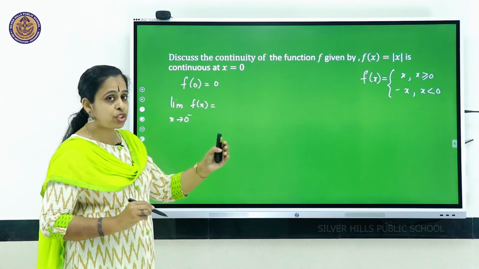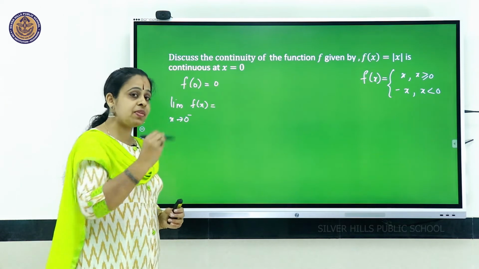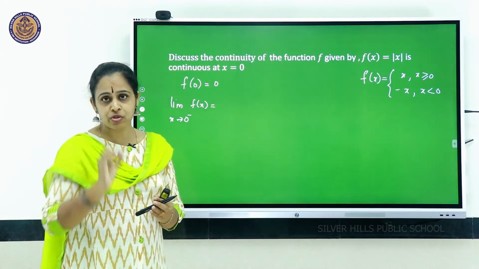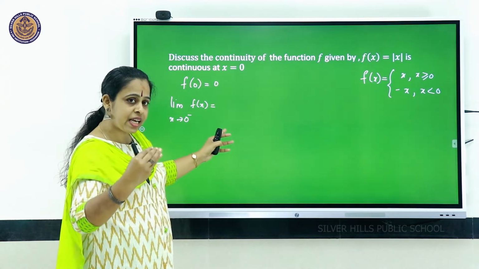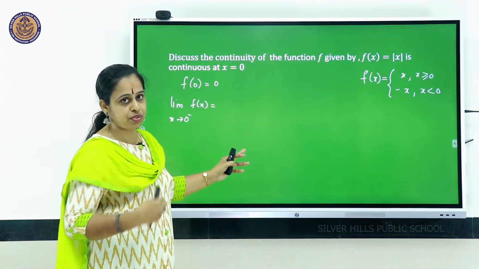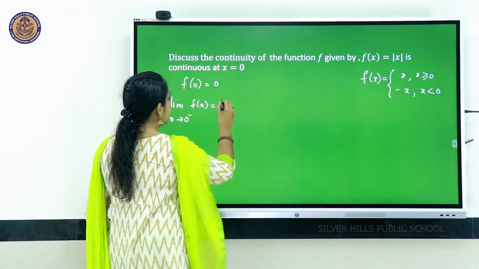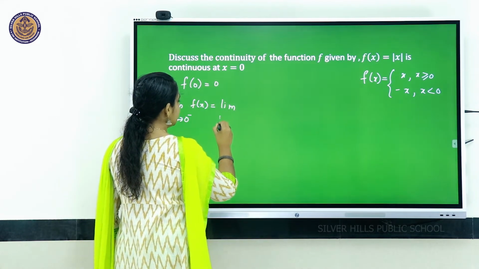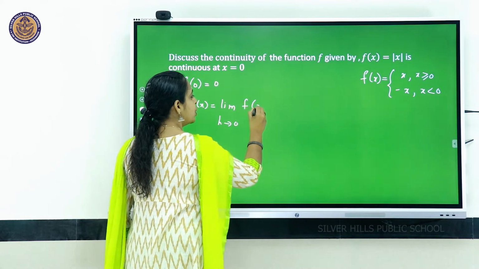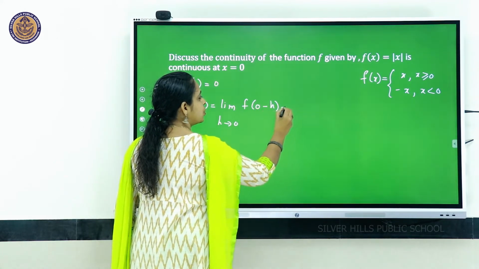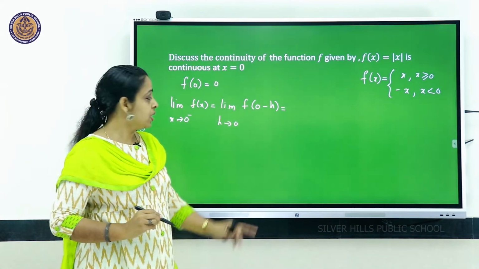Correct? We are going to write one h. As I said previously, h is a very small positive quantity. When from 0 you subtract h, we will be left of 0. So, limit h tending to 0, f of 0 minus h. Correct?